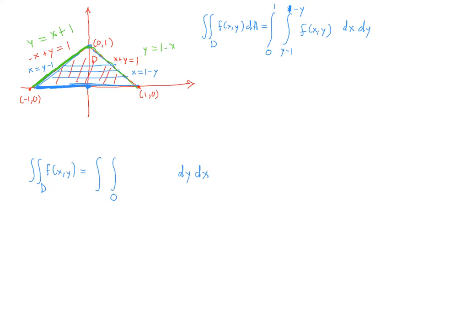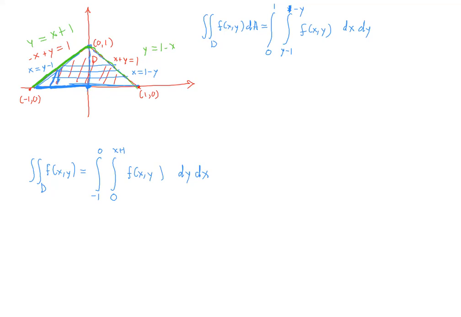So from 0 to x plus 1, but this x plus 1 is valid where? Not for all the x's, simply from -1 to 0. So this expression that I just wrote down is not going to give you the integral over the full domain.